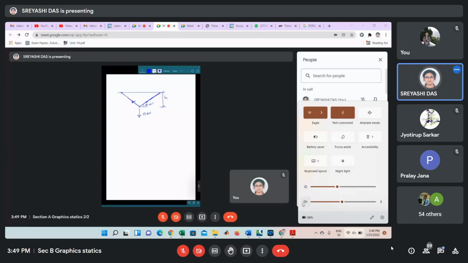So first of all, we will call this the form diagram. It will give the geometry of the structure, and we have to draw this to scale. Now, from this form diagram, using set square and scale, we will draw the force diagram.